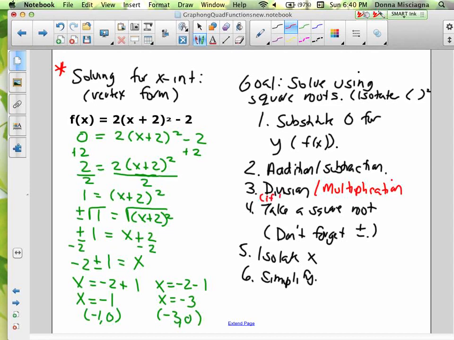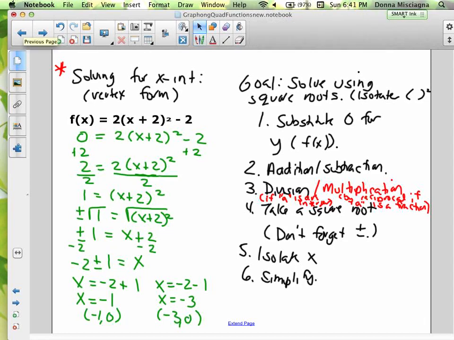So if a is an integer, division, and multiplication by the reciprocal if a is a fraction. Because if that had been a 1/2 instead of a 2, we wouldn't have divided by 1/2, we would have multiplied by 2. So we'll just put both of those in there.